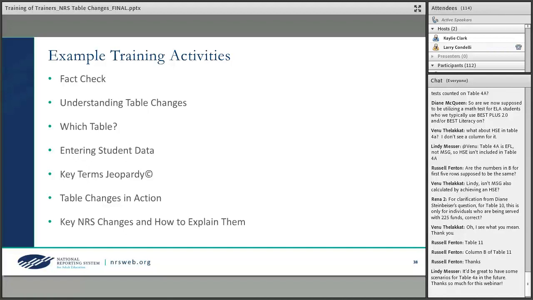All of those activities are explained in the activity packet. It tells you how you can use them, with suggestions for how to use them. They can all be adapted to be as easy or as difficult as need be for your situation and your participants.